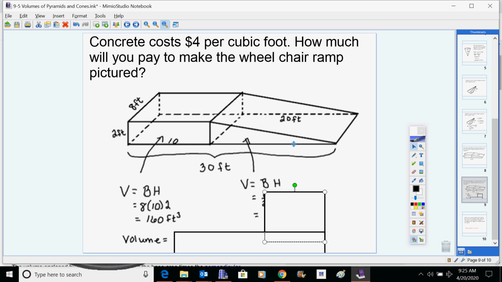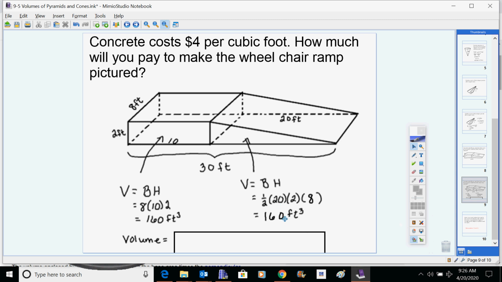So if we have 20 this way and 2 this way, to get the area of our triangle, which is big B, you'd have to do 1/2 of 20 times 2, and our height then being 8 this way. So 10 times 2, 20 times 8, 160 cubic feet here.